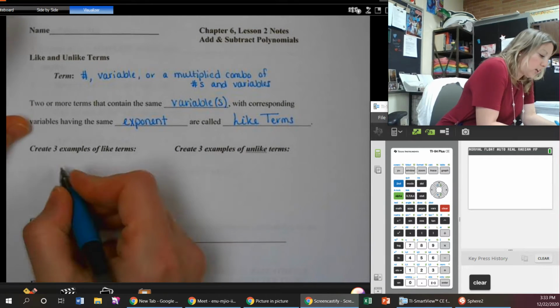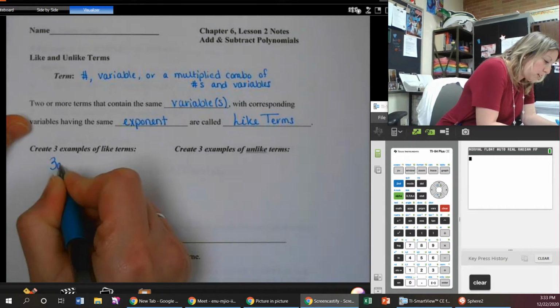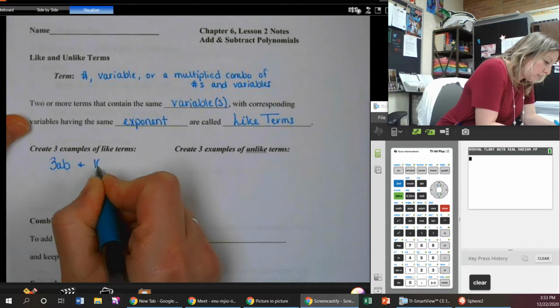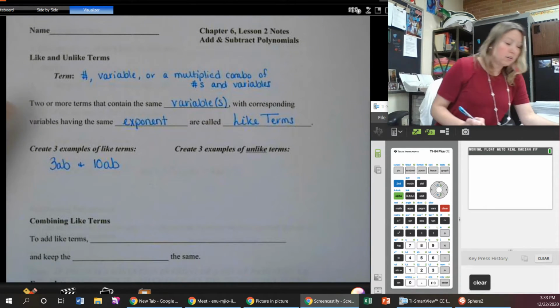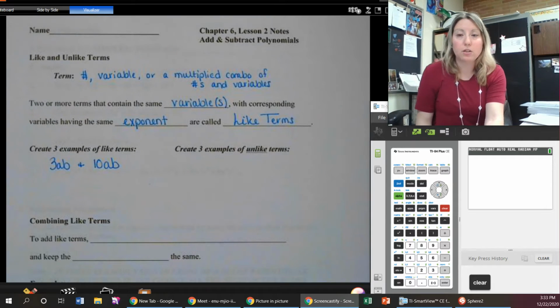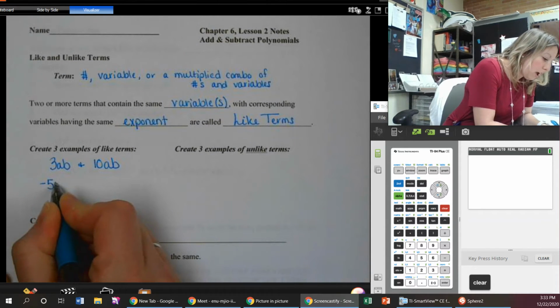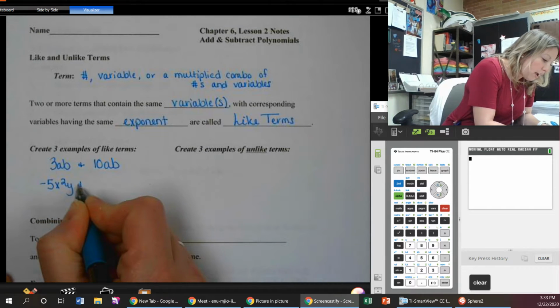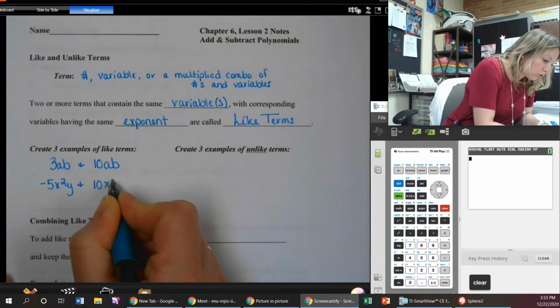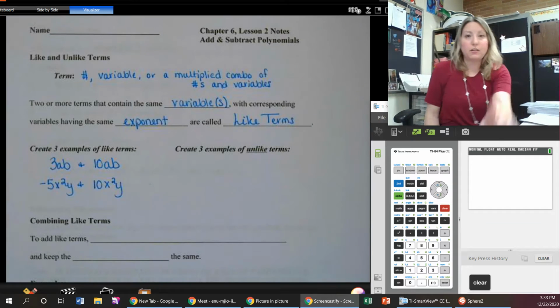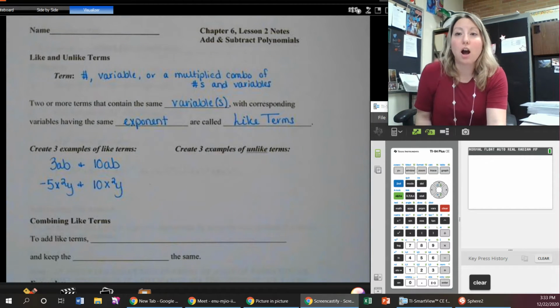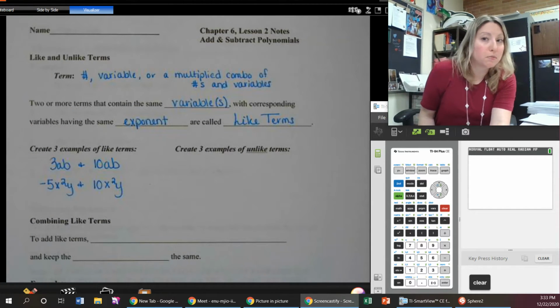Like terms are things like 3ab and 10ab. Same variables present, raised to the same exponents. Negative 5x squared y and 10x squared y. Same exponents on the same variables that are present.